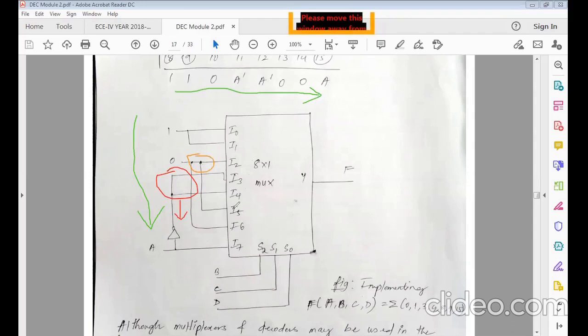So I5 is done, I6 is done. Now I7 is what? A. So directly I take from here, from this point, I take my I7. Now since I've taken A as my input, B, C, D are going to be my select lines. So this is how you are going to implement using mux.